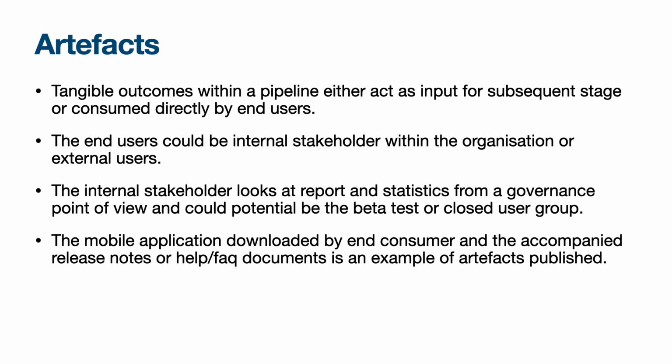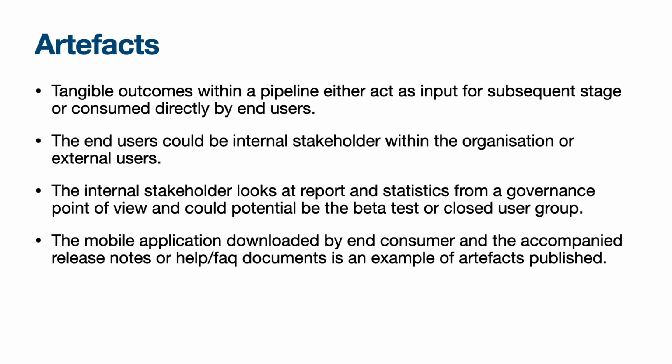The second set of users, which is the actual consumer, may not have direct access to the artifact. In the mobile world, the artifacts can only be downloaded from app stores.